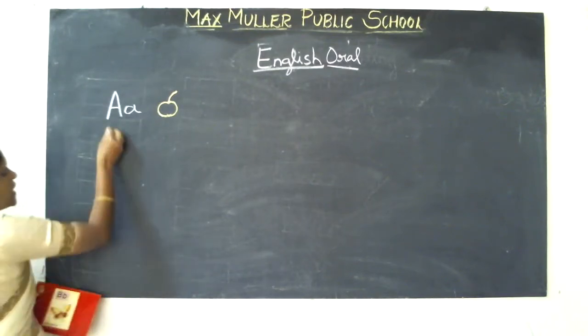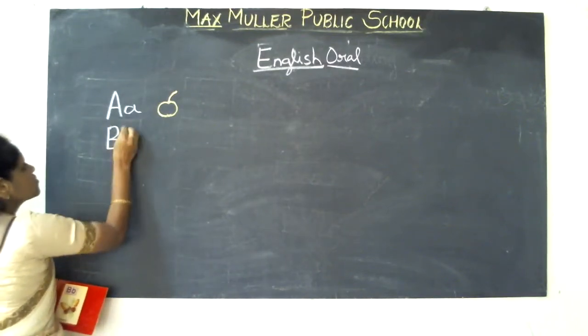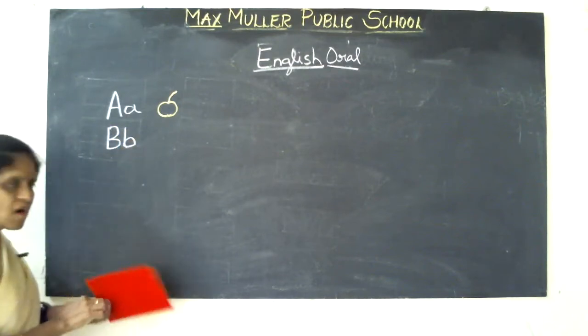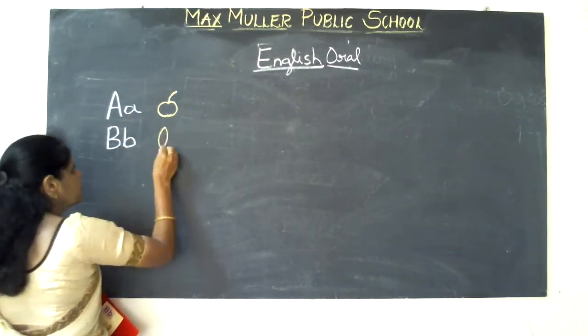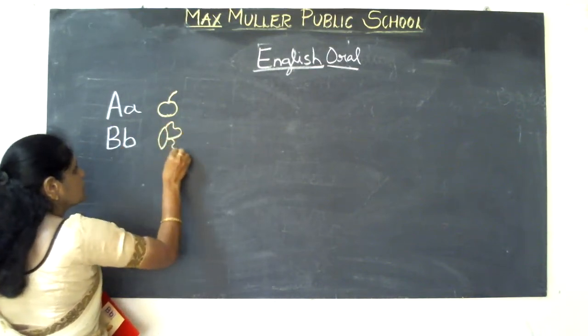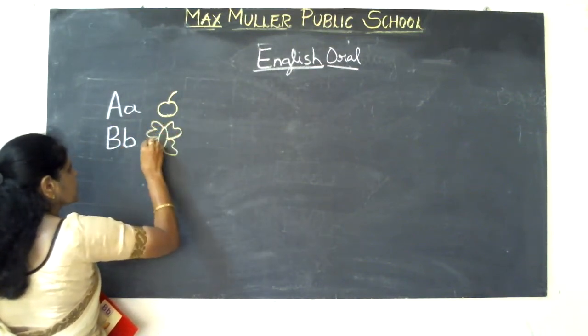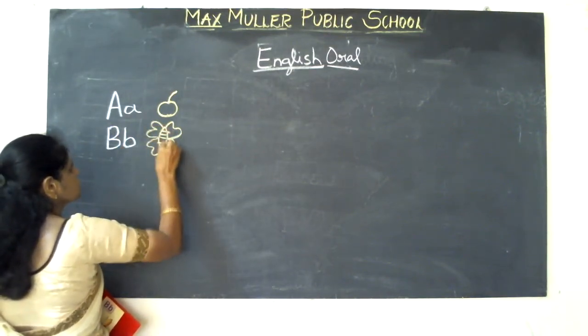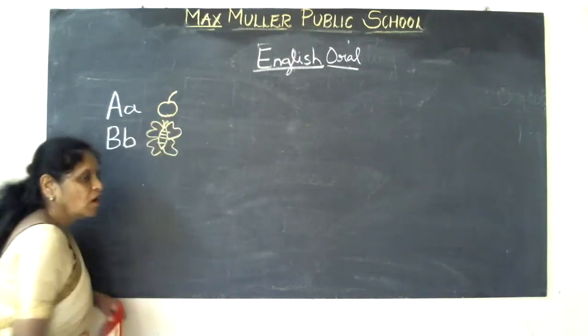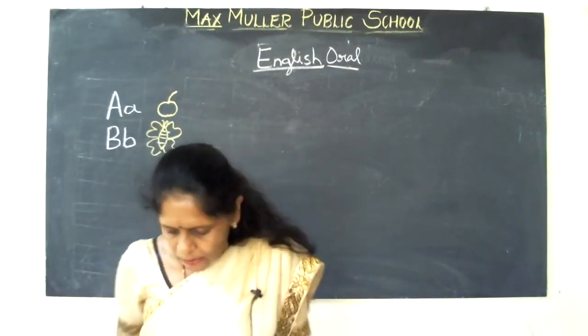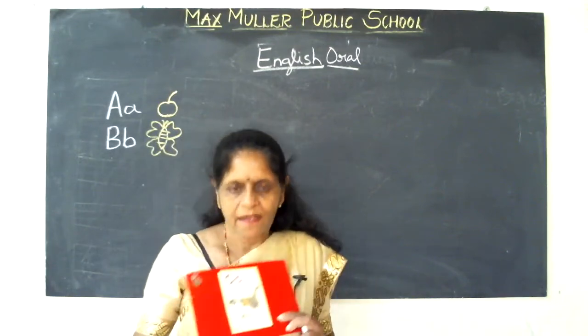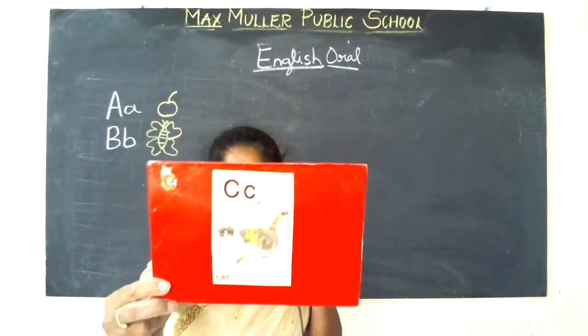Next is capital B, small b. B for butterfly. B for butterfly. A for apple. B for butterfly.